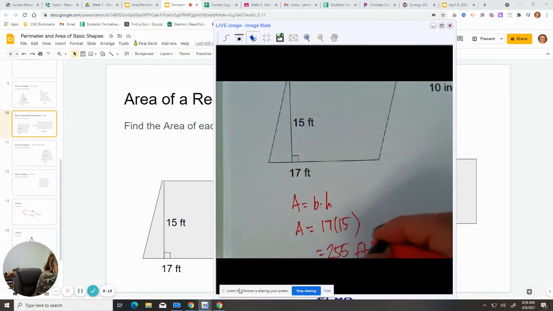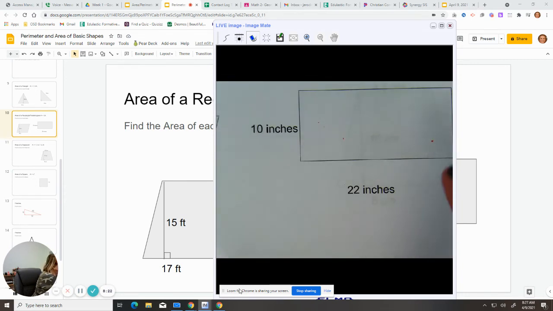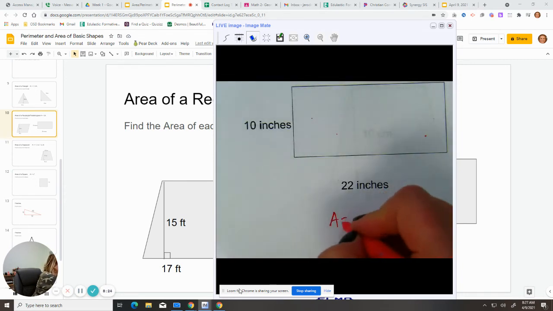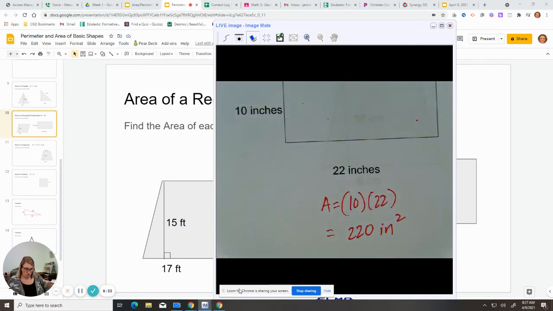And again, feet squared. Okay, same thing on this one, base times height. So 10 times 22, so it is going to be 220, and then inches squared. So rectangles, parallelograms, super simple, hopefully very quick for you to be able to figure that out.